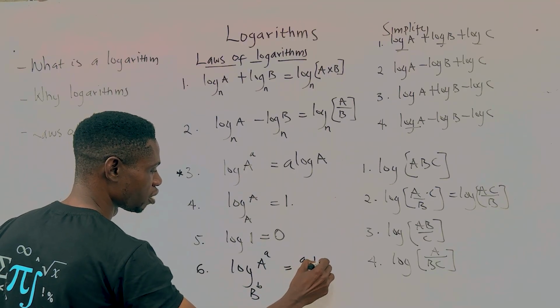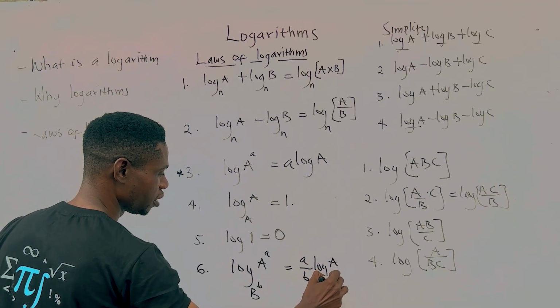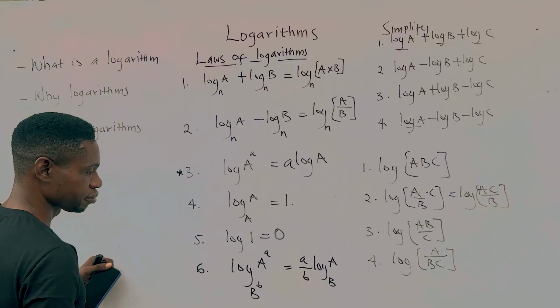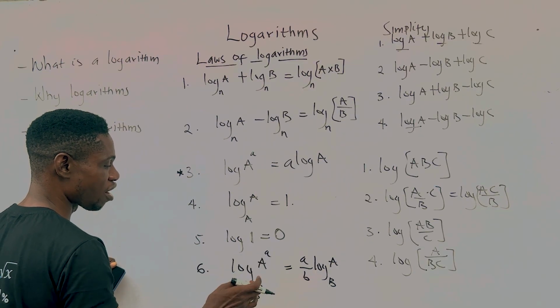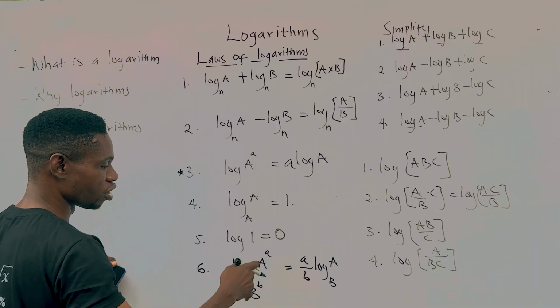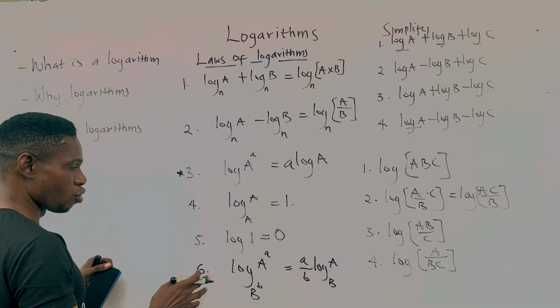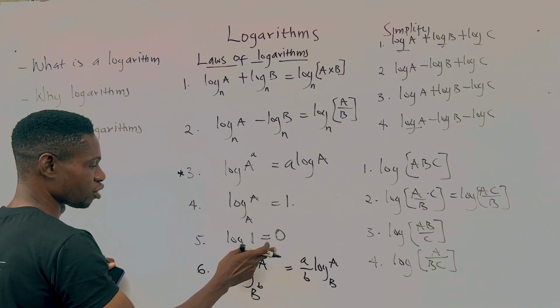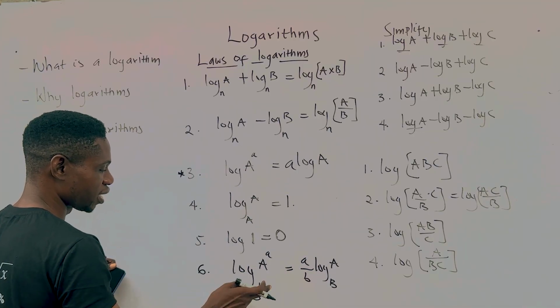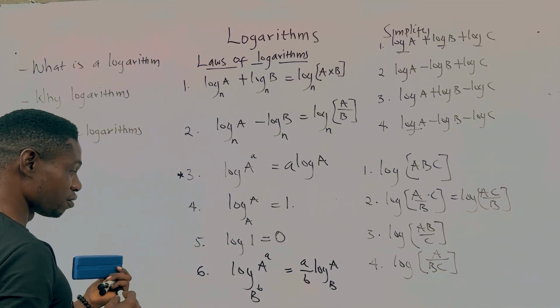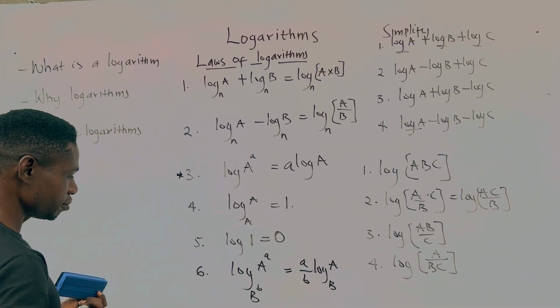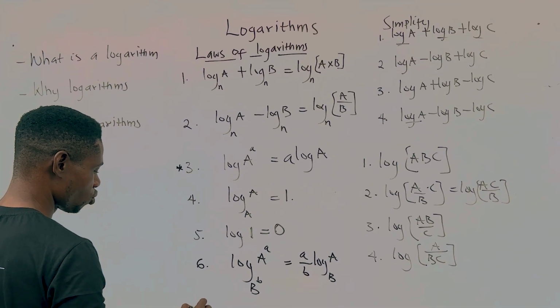Then we have our log A base B. So get the point clear. If the argument and the base both have powers, the way we resolve the powers is that we bring the powers forward, while that of the argument is the numerator, that of the base is the denominator. Very important.